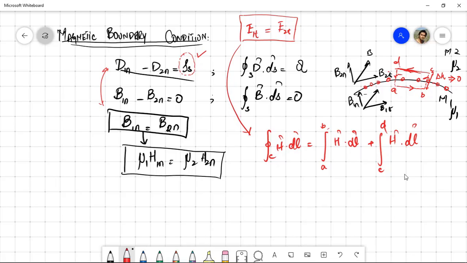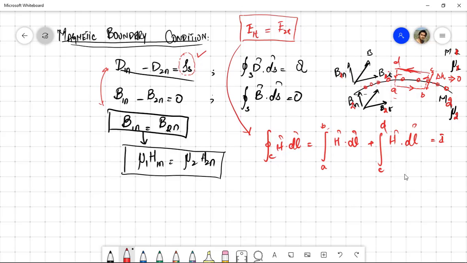So this will be equal to I. He's saying that for a to b, there is a little discrepancy. In the book he has taken the bottom one to be second, so we'll change it accordingly so that you do not get confused.